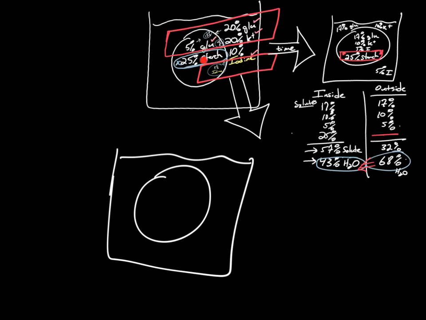If the only question you need to answer is in which direction is water going to move, then the only question you need to answer is: is there a solute that does not cross the membrane? In this case, there is. It's starch, right? So in order to answer this question quickly and easily, all you have to do is worry about starch. Just worry about the one that doesn't cross.